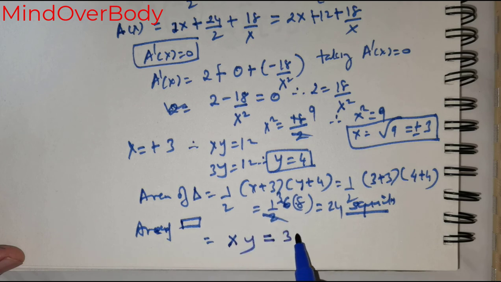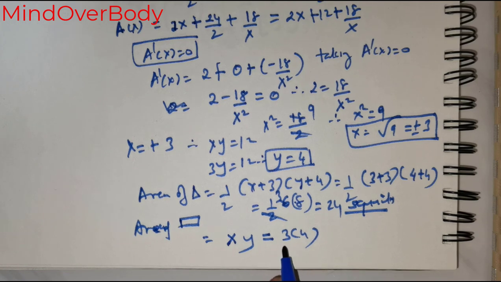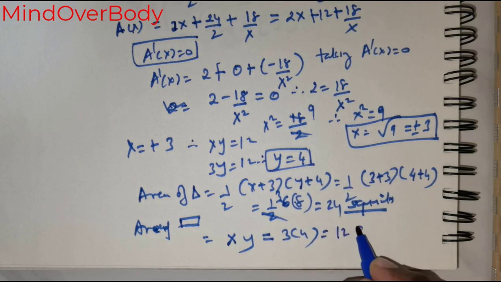So this is going to be 3 times 4, right? You can either say base into height or length into breadth, whatever you feel comfortable. We have found the value of x to be 3 and the value of y to be 4. So this is going to be 12 square units.